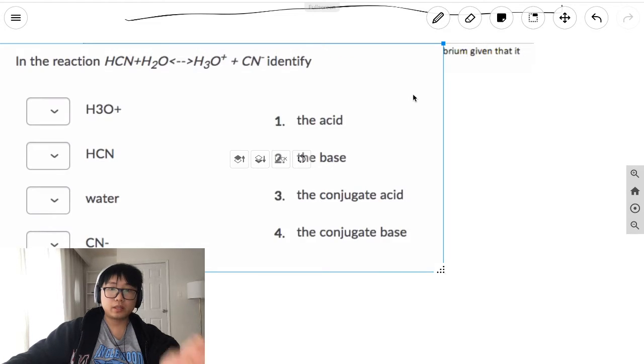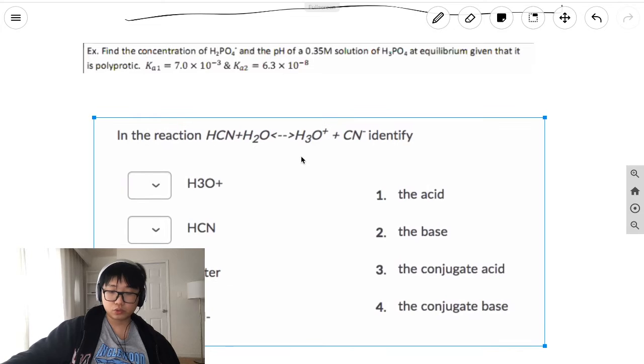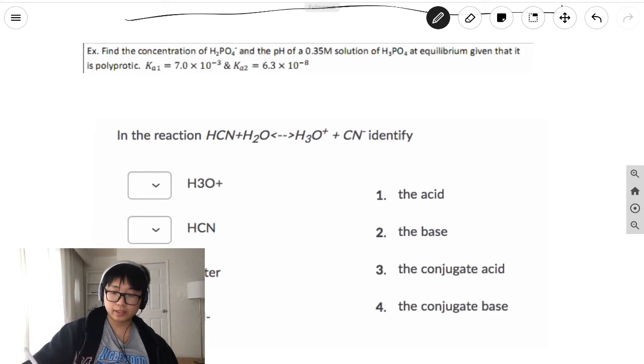So look at the equation. We've done this last time. Which one's the acid, which one's the base? Remember, by the second definition, we're always reacting an acid with a base. HCN is the acid. Perfect.